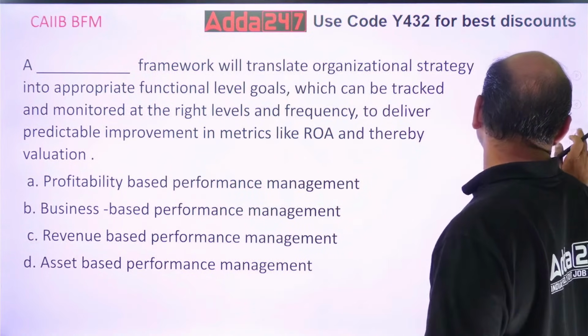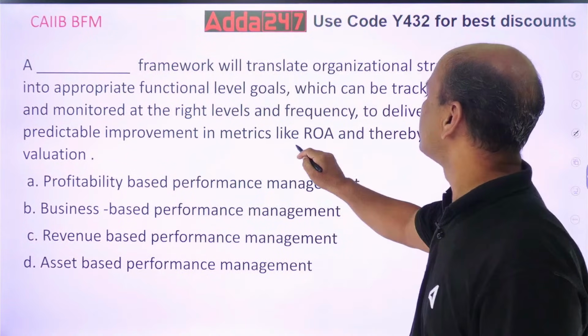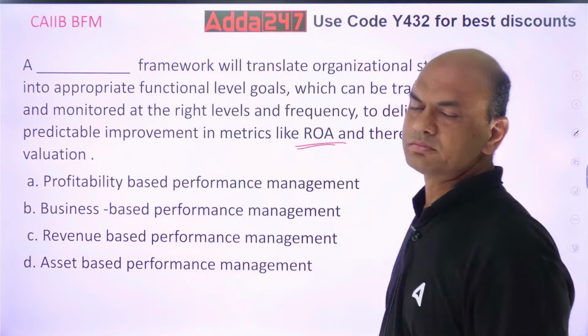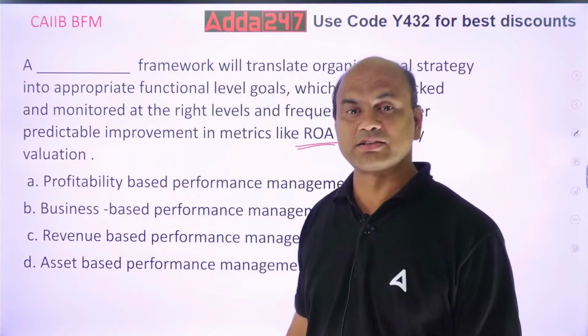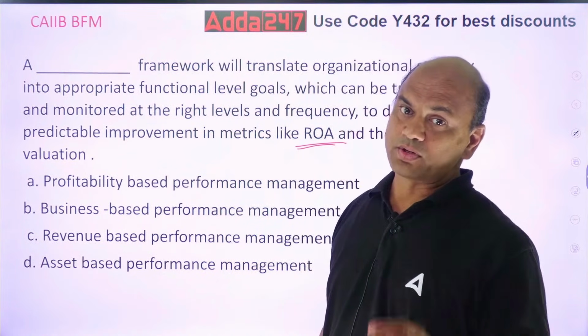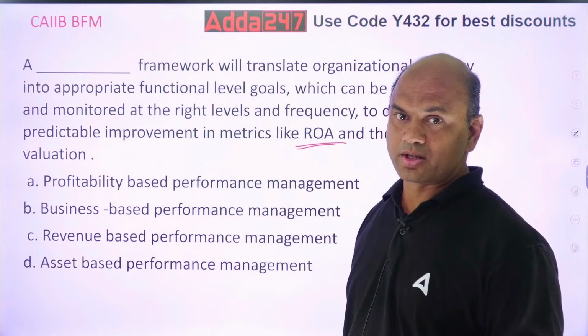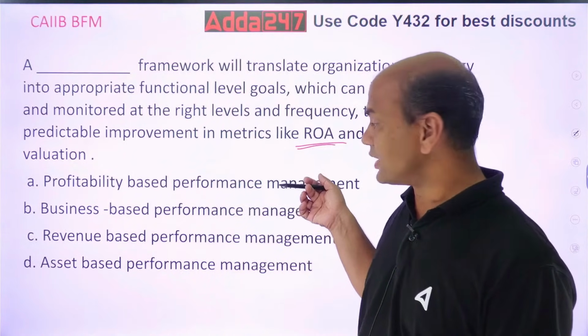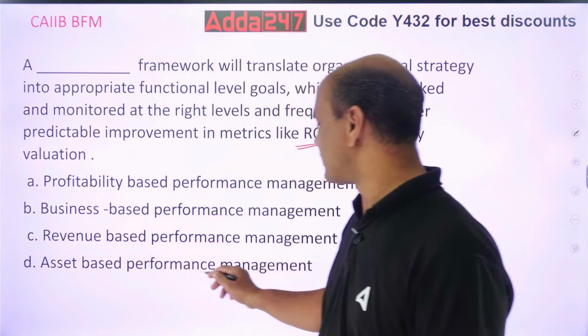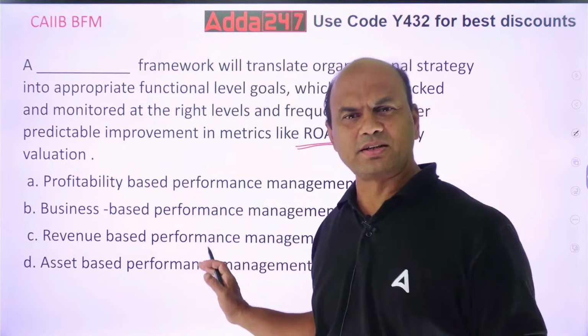Now for this you need to first understand the meaning of ROA. Return on assets. Once you understand the meaning and full form of ROA, then immediately things become easy. Return on assets, so asset-based performance management. Simple, isn't it?